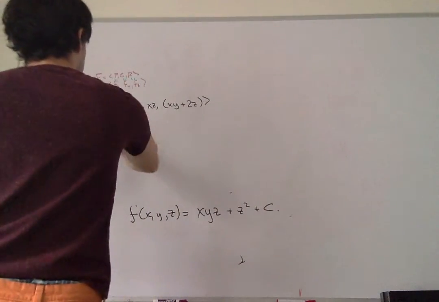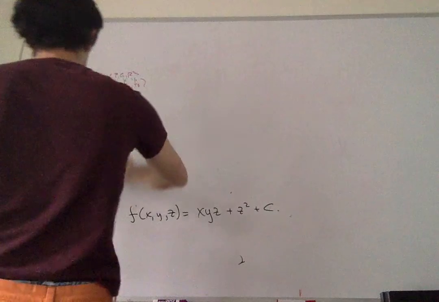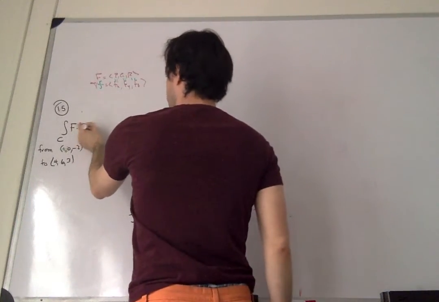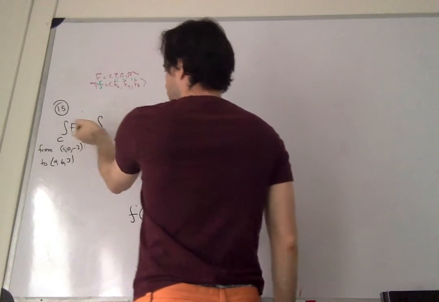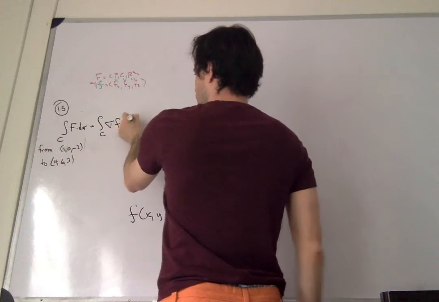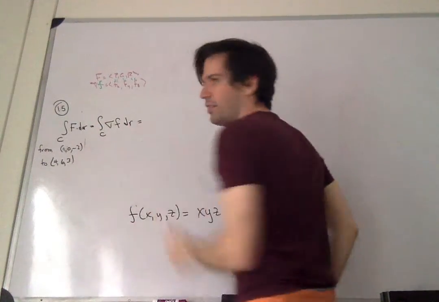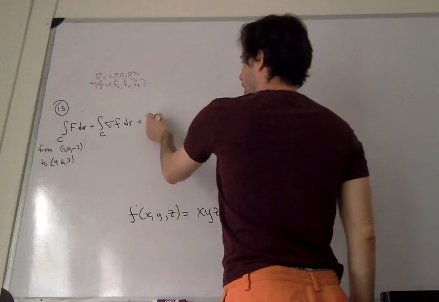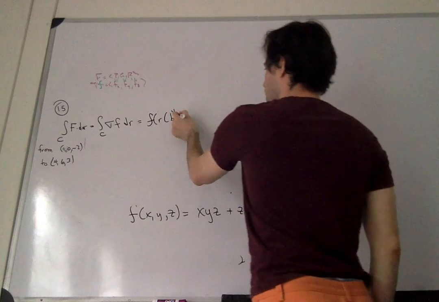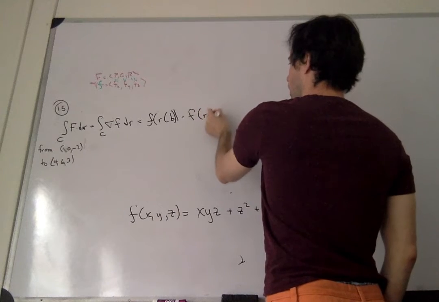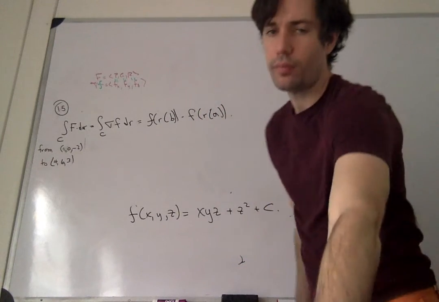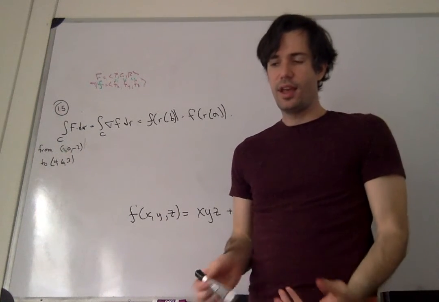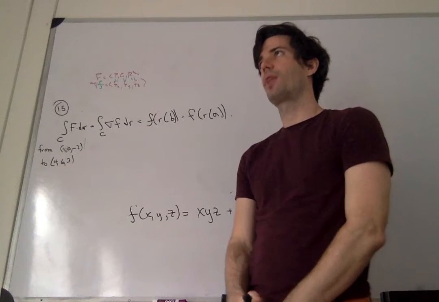Okay, so now let's use that to do a calculation. So this is equal to the integral of del f dr, because that's the potential function. And then we remember that this is equal to f(r(b)) minus f(r(a)). Now, remember, I said that if a function is conservative, it is path independent.